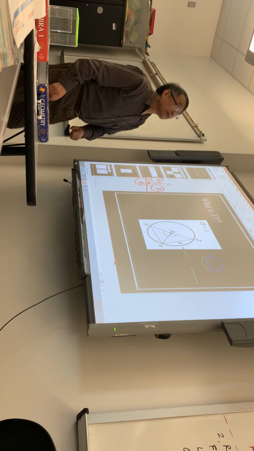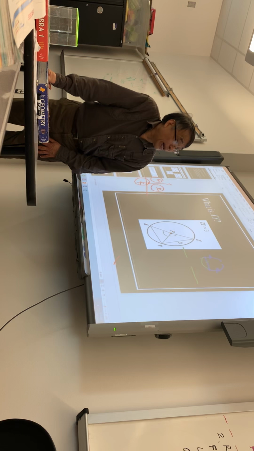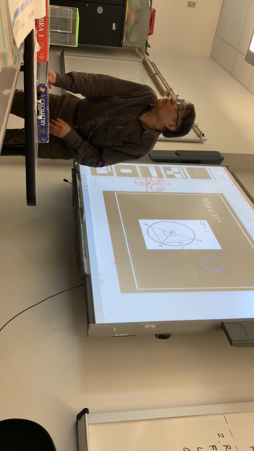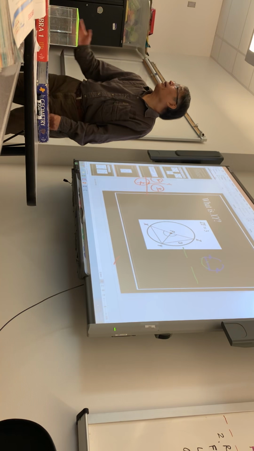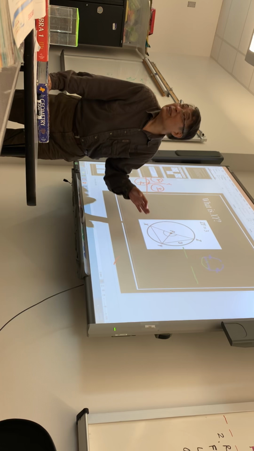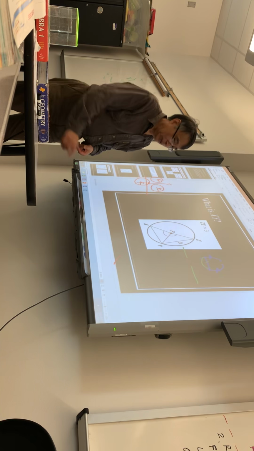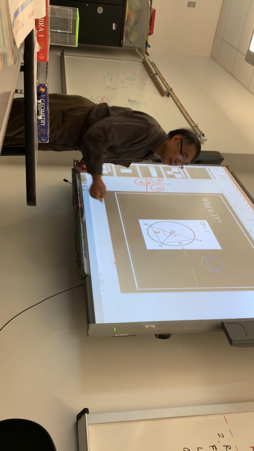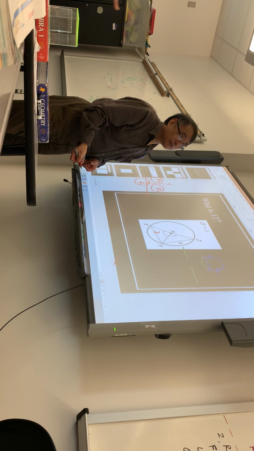Now, an easy question. What is XY? The chord. Who can tell me, please? Raise your hands. XY equals what? Yes? Is it 3? XY equals 3, because XY is equal to ZY.